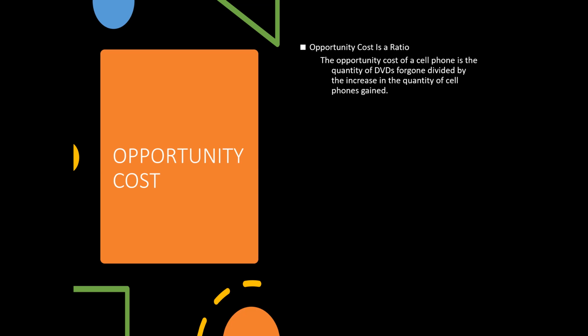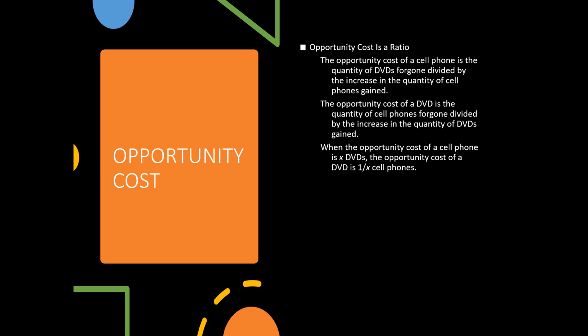The opportunity cost and the production possibility frontier are very important concepts in economics. The opportunity cost of a DVD is the quantity of cell phones foregone divided by the increase in the number of DVDs. And when the opportunity cost of a cell phone is X DVDs, the opportunity cost of a DVD is equal to 1 over X cell phones.